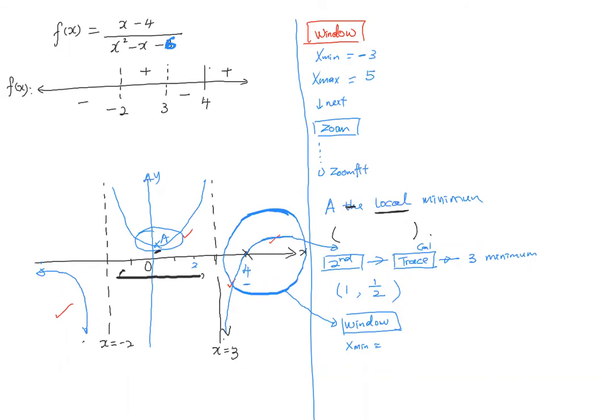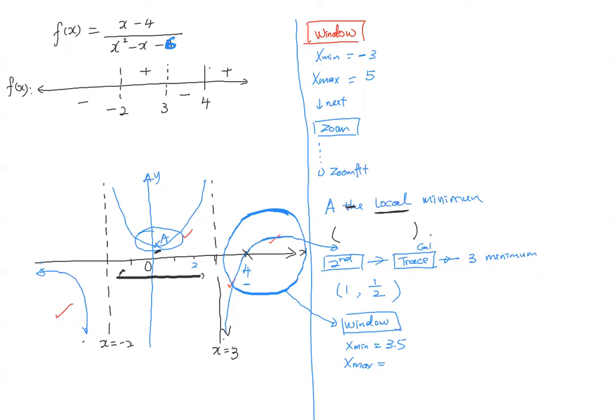Saranya, what should I put as my X minimum? 3.5. Okay, you can put 3.5, good. Then your X maximum, give me a value. 6. You may not be able to see.